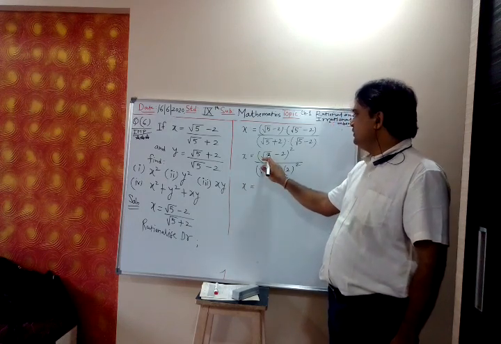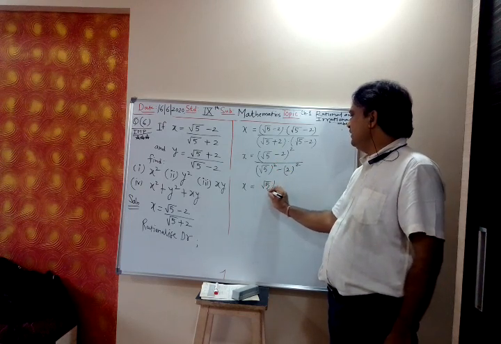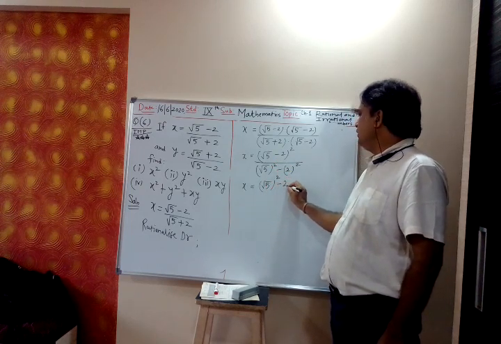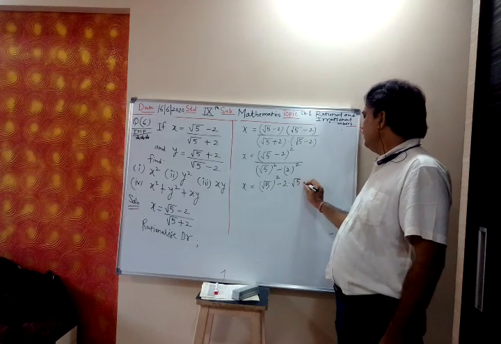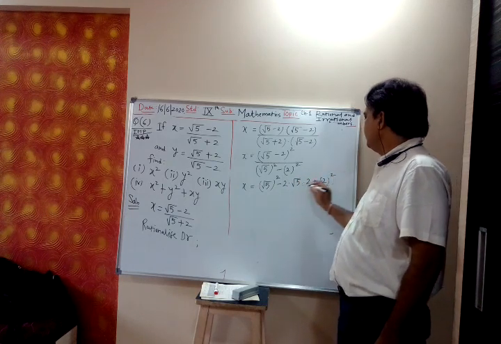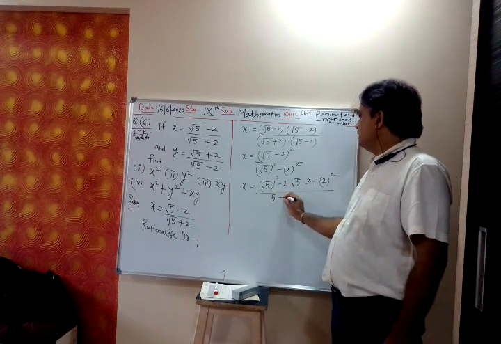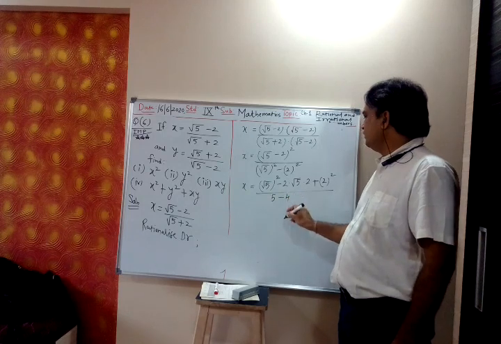So x is, now use the expansion a minus b whole square. So that is root 5 square minus 2 into root 5 into 2 plus 2 square upon root 5 square is 5, 2 square is 4.